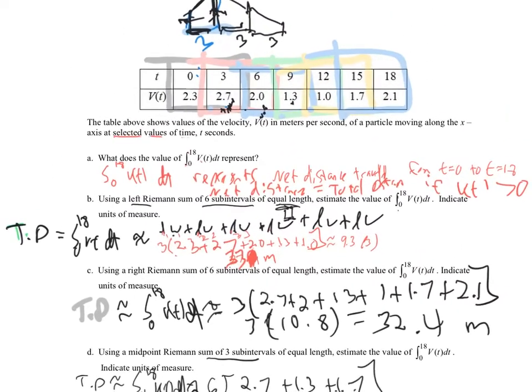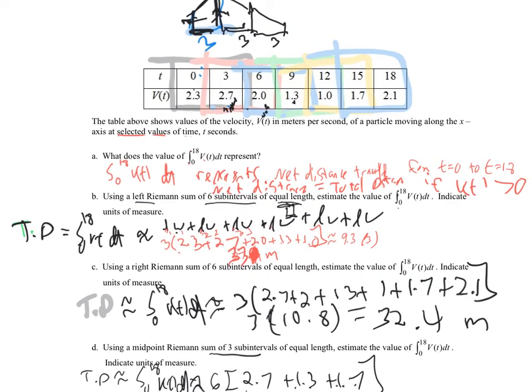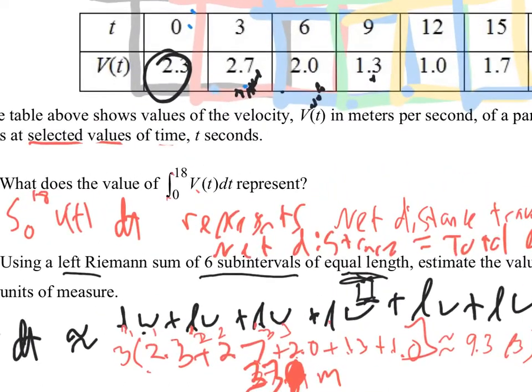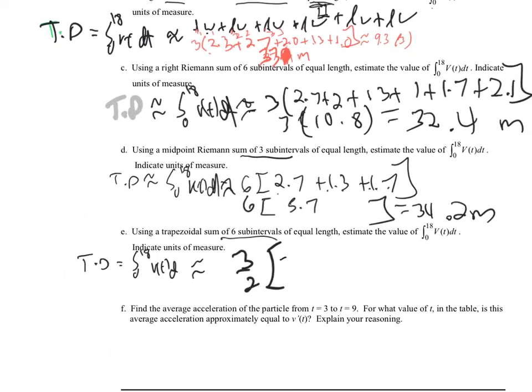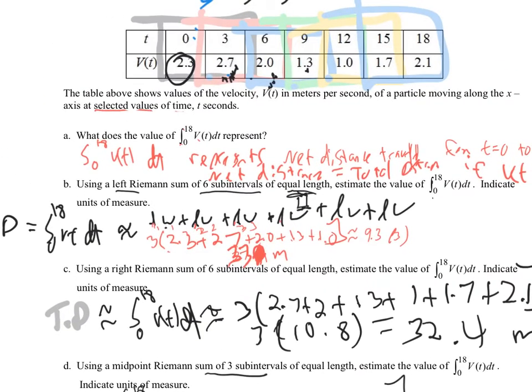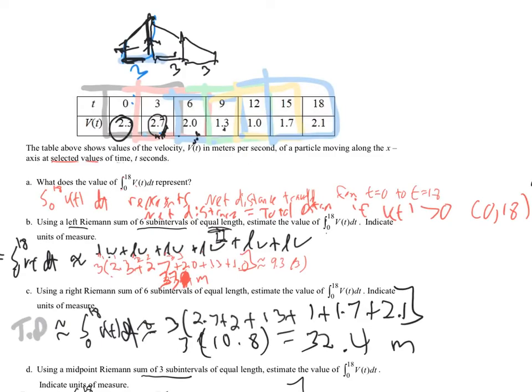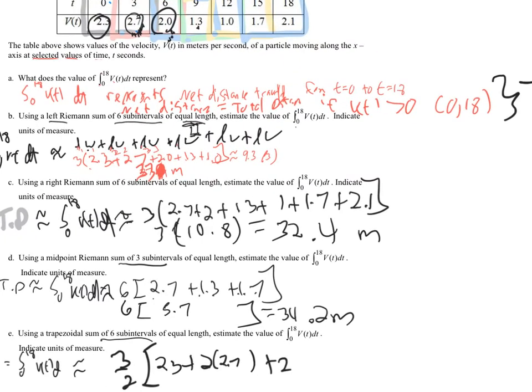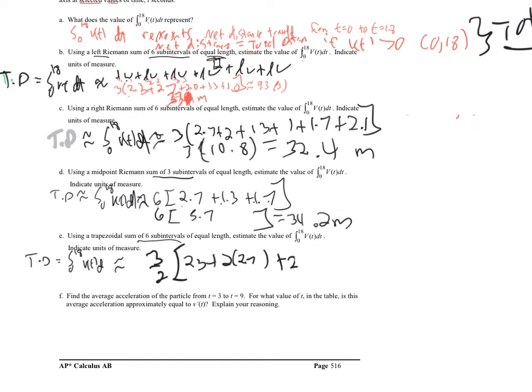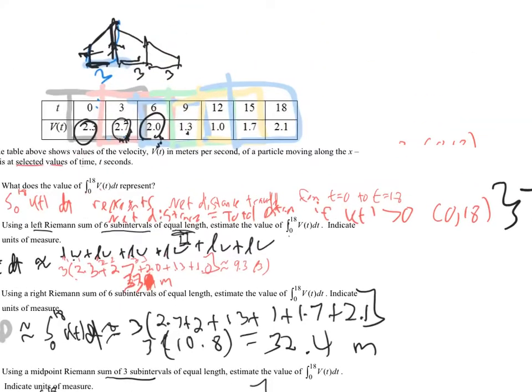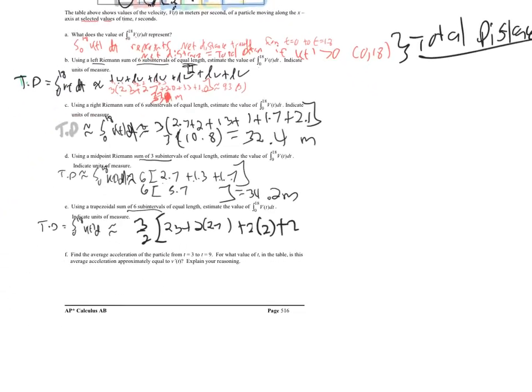And the trick was you have 1 of this one. So that's 2.3. Then I have 2 of the next one, which is 2.7. Then I have 2 of the next one, which is 2. Then 2 of the next, which was a 1.3.